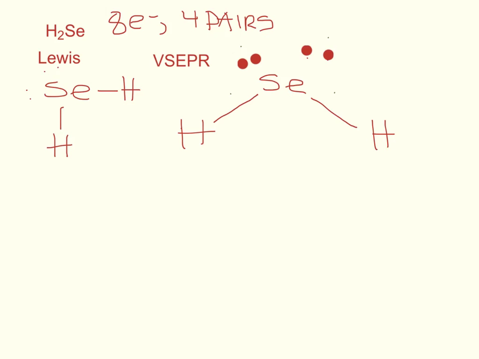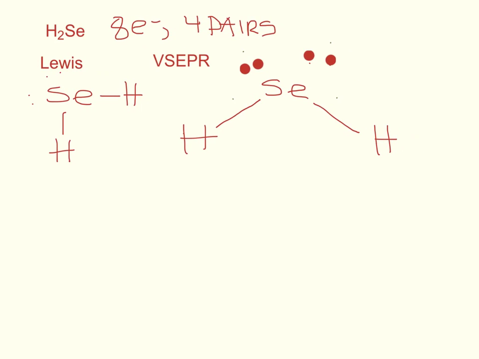So typically, a molecule with the tetrahedral electron geometry would have bond angles at 109.5 degrees. But since we only have 2, these angles right here are going to be less than 109.5.